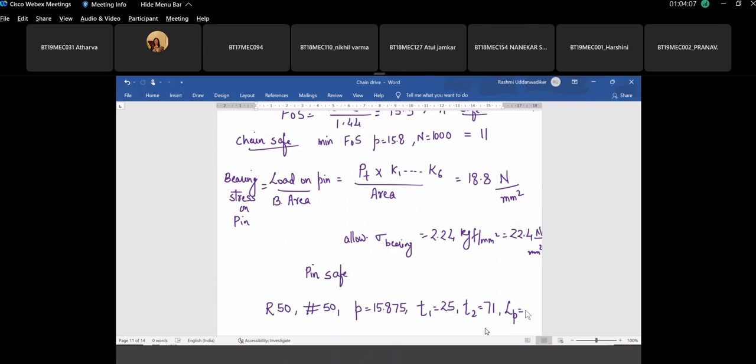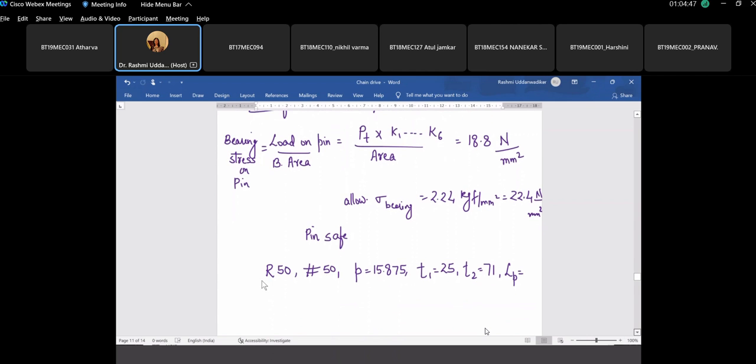Vaishnavi, in your design data book, is Newton per mm square given? Please correct it. If it is 2.24, it is in kgf per mm square. And if it is in Newton per mm square, the value should be 22.4. And the length of the chain, yes, you can calculate.